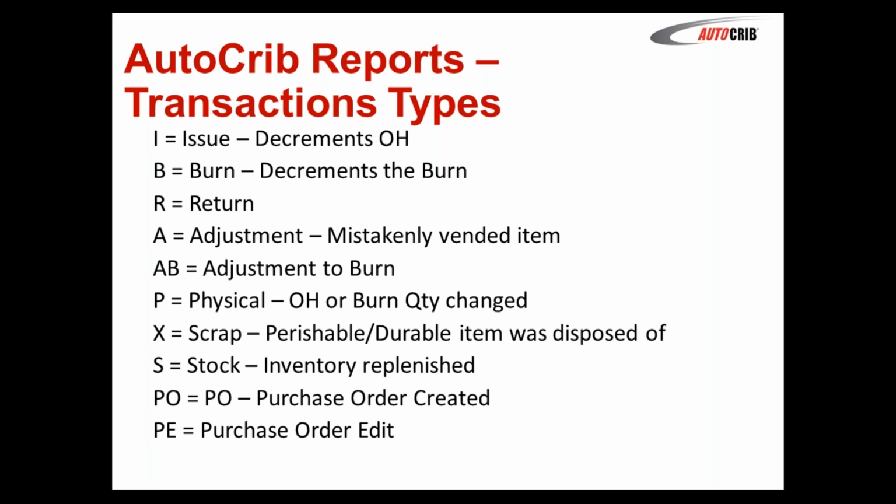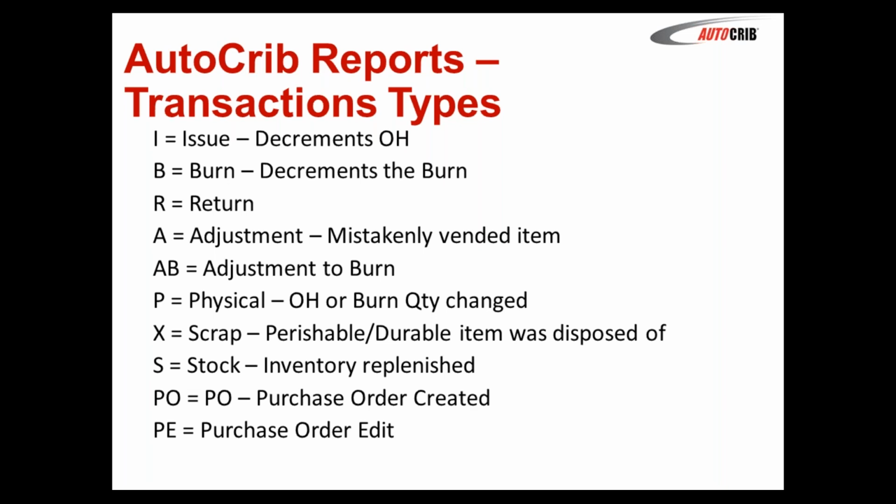The R is for return. So this is for durable or perishable items that are allowed to be returned to the machines. A is for adjustment. So the item was returned to the machine because it was mistakenly vended. The issue transaction along with the associated cost is then canceled, and this increments the on-hand quantity back.